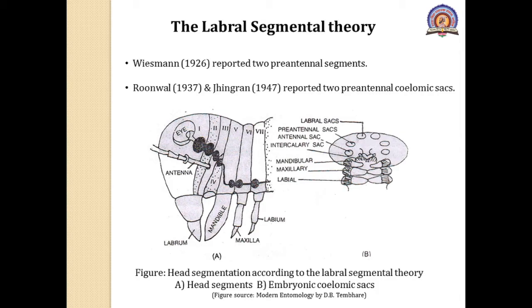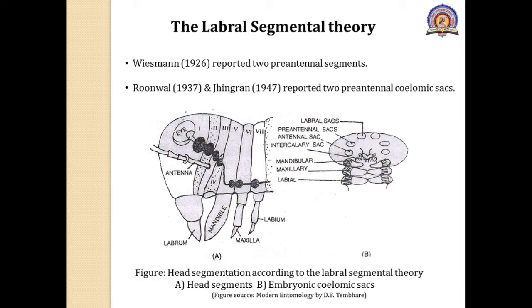The first of these is a labral segment with the labrum as its appendage, while the second one is a pre-antennal segment without any appendage in the adult condition. Means according to this theory, the procephalon part of the insect head starts with the labral segment.